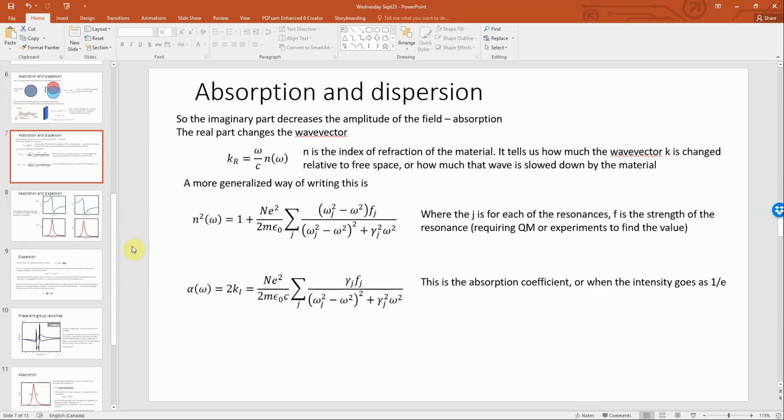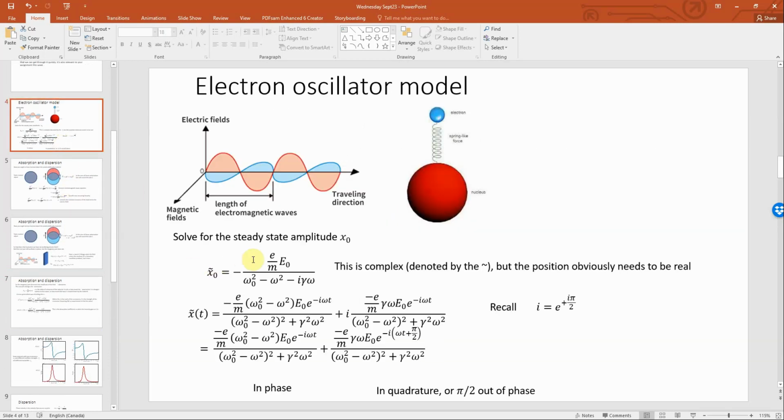So what that means is we can write this a little bit more sophisticated. The square of the index of refraction is given by this term here. So it's 1 plus some constants up front, but then we have this omega squared j, that is the jth resonance. So I'll go back to here. We had this omega naught squared minus omega squared.